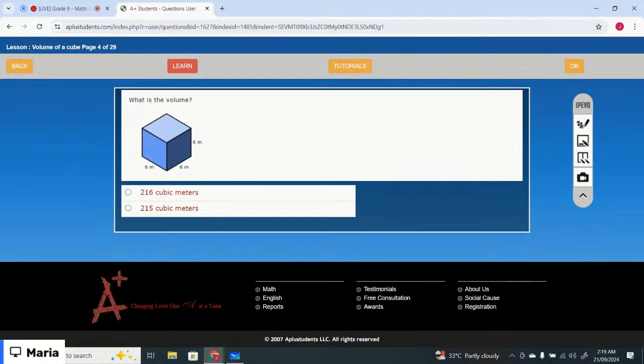The correct option is, 6 times 6 is 36 and 36 times 6 is 216. So option number 1 is the correct option, that is 216 cubic meters.